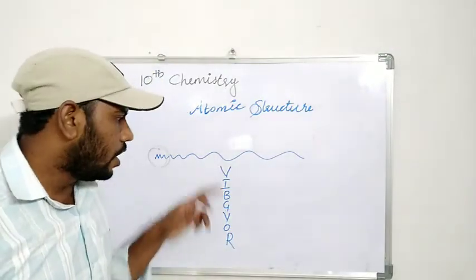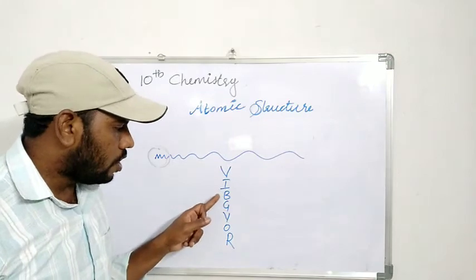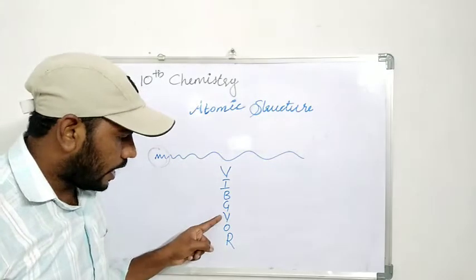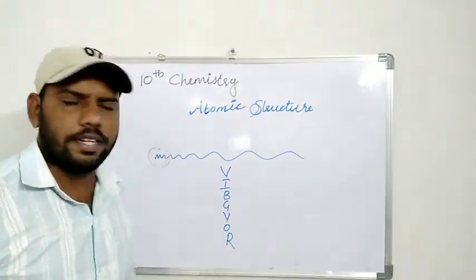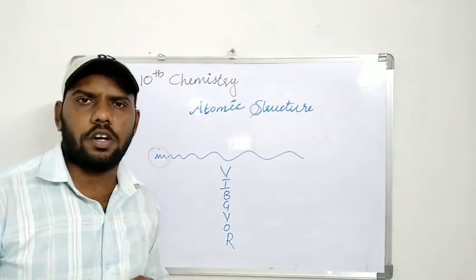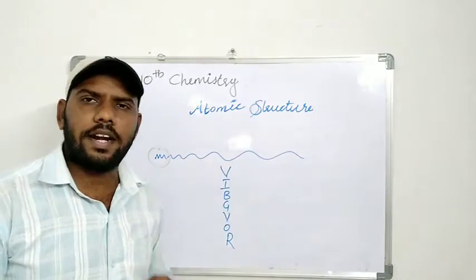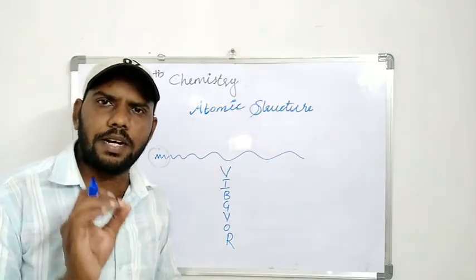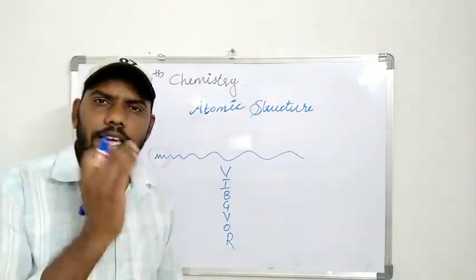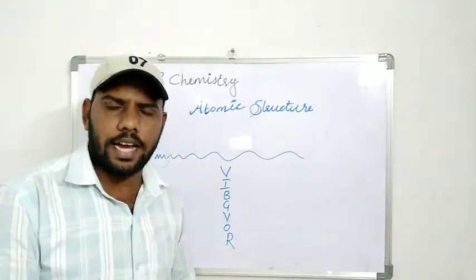That means what? Violet, indigo, blue, green, yellow, orange, red. This VIBGYOR is called visible light. These colors we can see with our naked eyes.